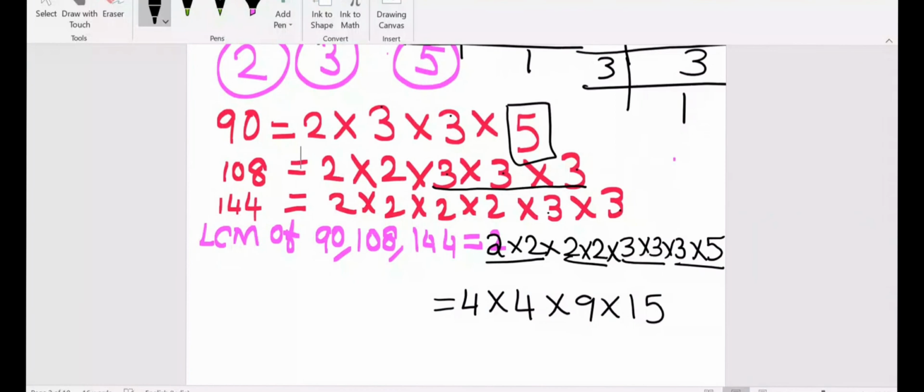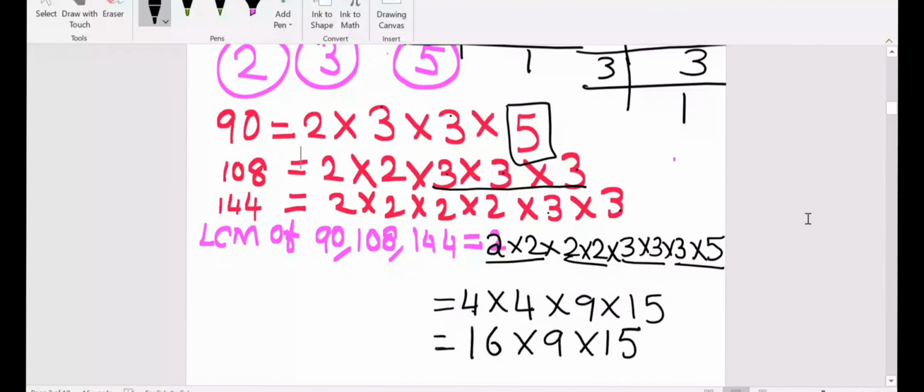Okay, so always we should recheck if anything is going wrong here, otherwise the final answer is going to be wrong. Okay, now 4 into 4, 16. Then 9 into 15.